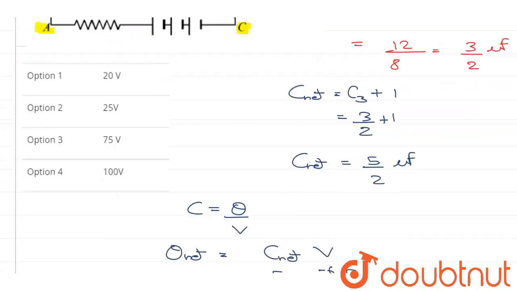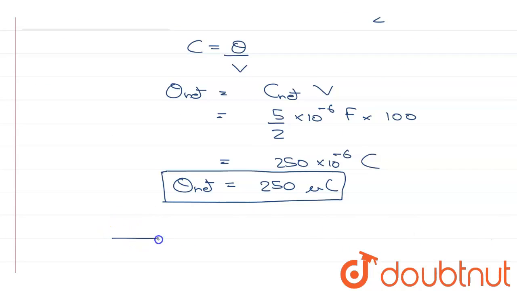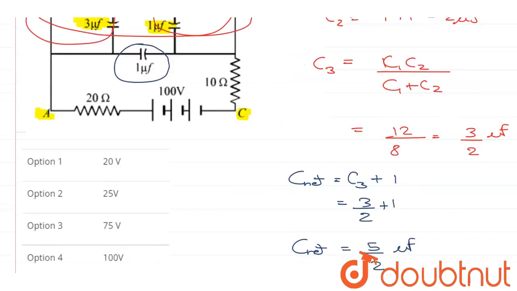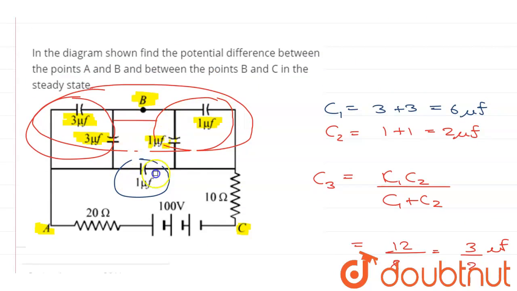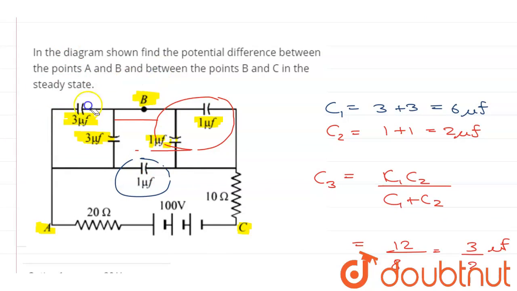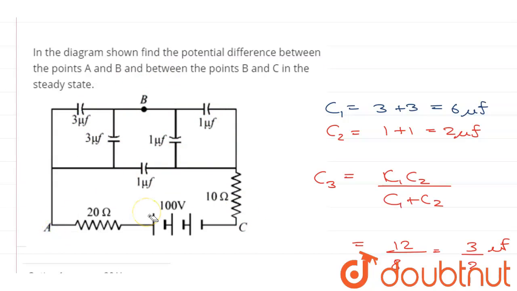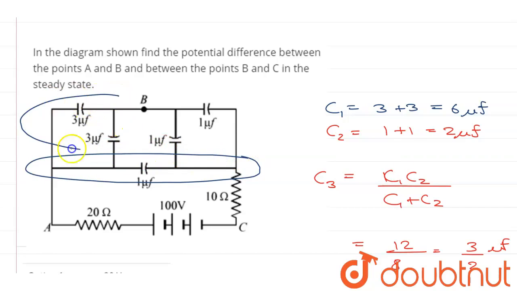Now, let's look at the circuit once again. As we discussed earlier when we were calculating the net capacitance, this branch is in parallel with this branch.